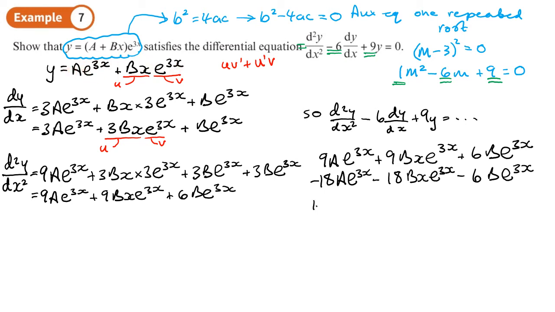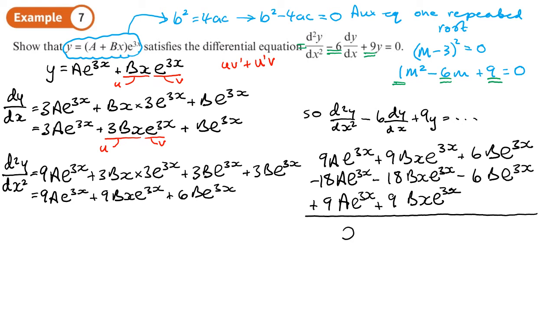So I'm going to plus 9a e to the 3x, and then add 9bx e to the 3x. Now if I add all of those together, I get 0. Okay, so that shows that this does satisfy this differential equation.